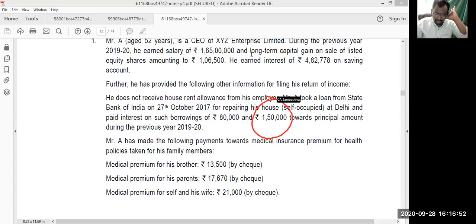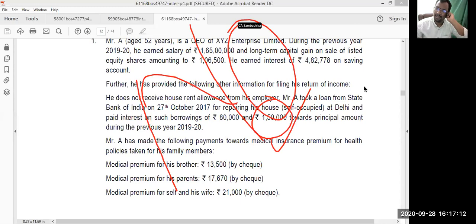What about this 1,50,000? Can I claim deduction under section 80C? Housing loan repayments, principal payments. Answer is no. The loan should have been borrowed either for the purpose of purchasing the residential house property or for the construction of the residential house property in order to claim the housing loan repayments under section 80C.